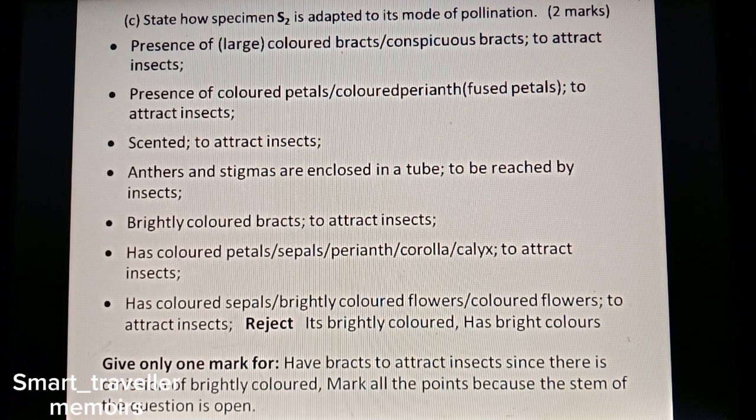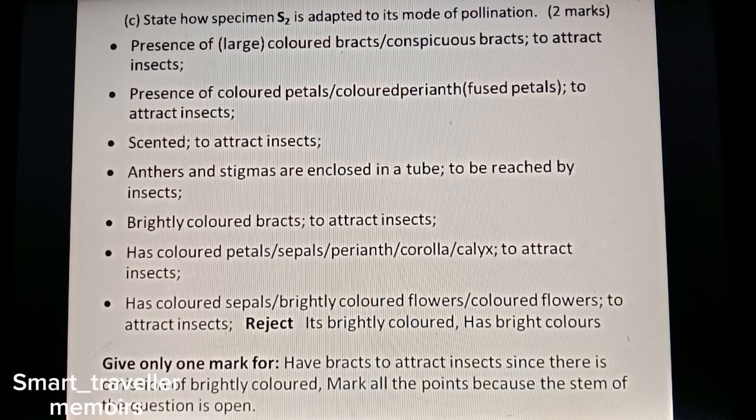All those answers have alternatives, and as usual, what I told you is that you cannot put an answer with a stroke. You choose one of the alternatives. Reject 'it's brightly colored'. All has bright colors. You are not getting anything from there. Give only one mark for have bracts to attract insects, since there is omission of brightly colored. Okay?